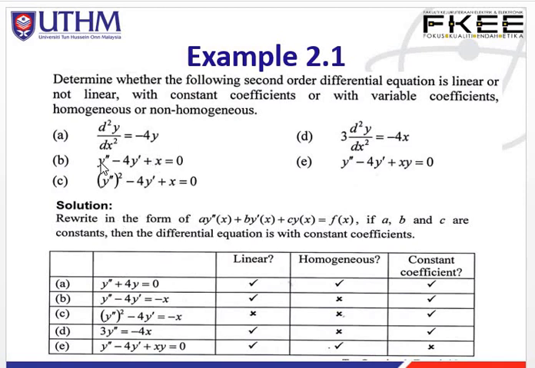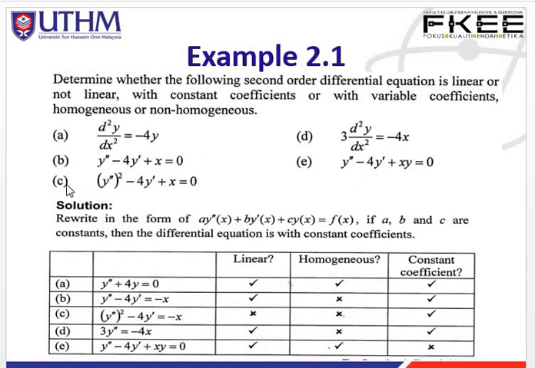So that will be y double prime minus 4y prime equal to minus x. Is this linear? Yes, it's a linear form. When it's linear, you check whether it's equal to 0. It's not equal to 0, so it's not homogeneous. Is it a constant coefficient? Yes, because the coefficients are 1 and negative 4.